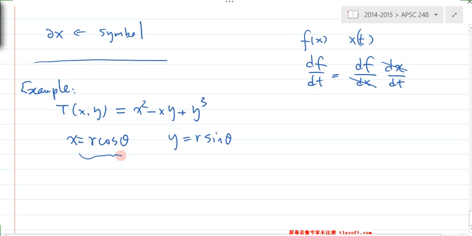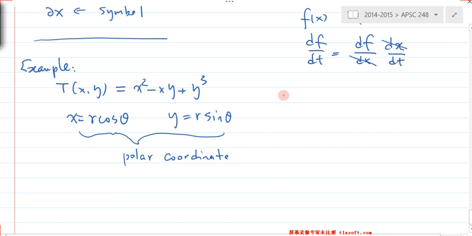You actually probably learned this in your early classes. If x, y represents a point in Cartesian coordinates, then this relationship here, r cosine theta, is basically in terms of so-called polar coordinates. That's r and theta. So let's use the chain rule, but what we want is to calculate dt over dr.